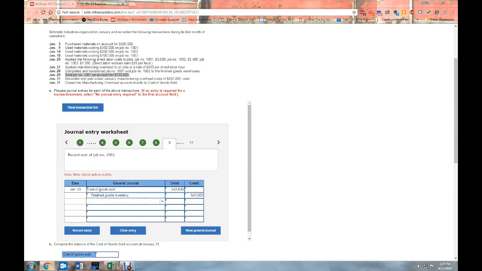So we've transferred those costs, those production costs, direct materials, direct labor, and overhead for 1001 out of finished goods inventory into cost of goods sold. Okay. So when you sell an item, you're going to have two entries. First, you're going to record the sale, and then second, you're going to record cost of goods sold and moving those costs around.